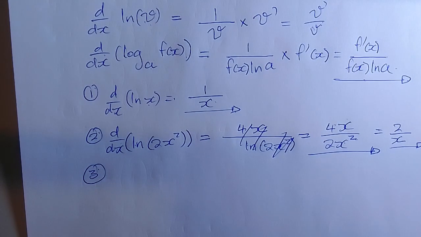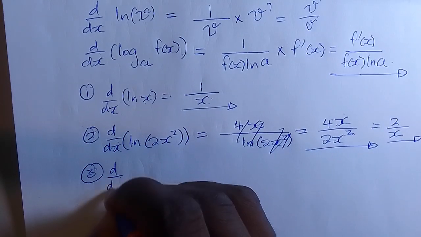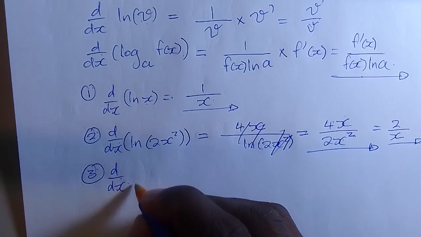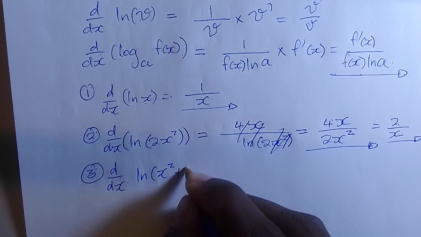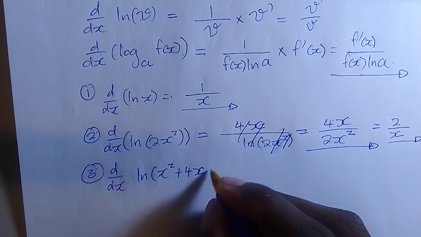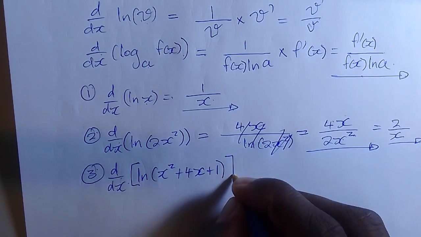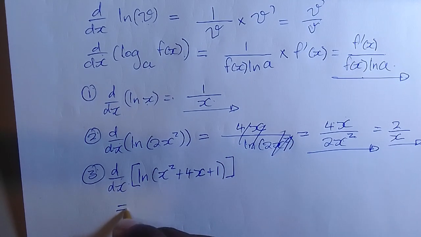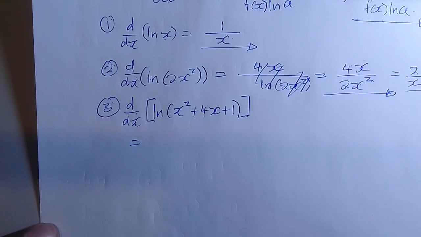The third one is find the derivative of ln of x squared plus 4x plus 1. This one is still applying the same rules.